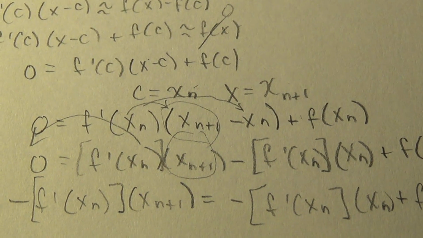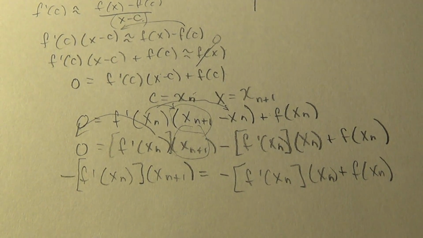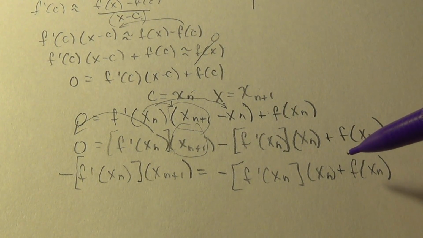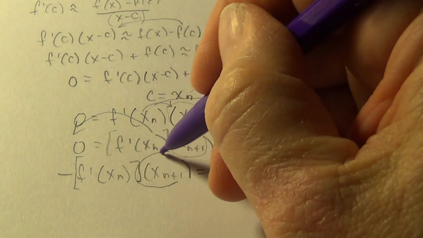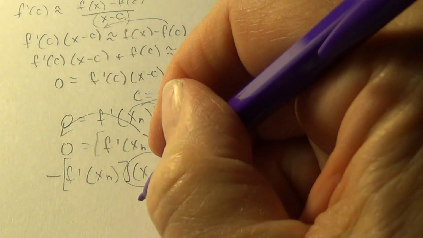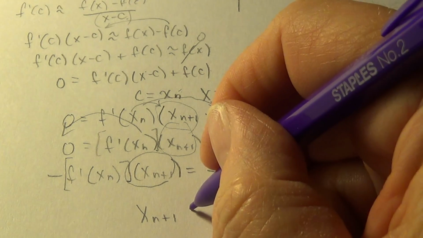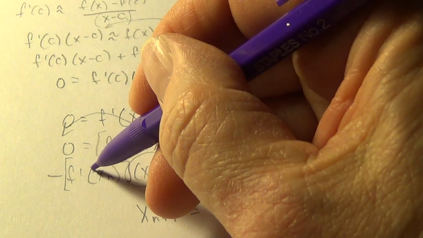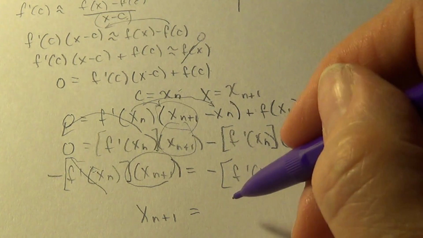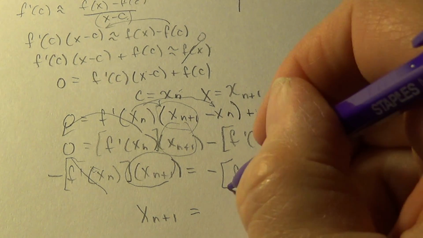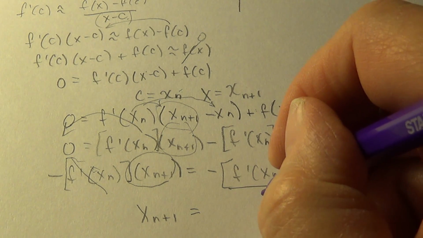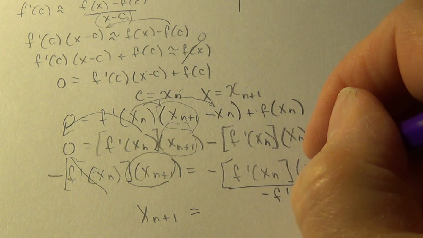We really are going somewhere with this. All right, now, again, keeping my eye on the prize, I'm trying to solve for that. I get x sub n plus 1 equals, so I'm going to divide both sides by that. It'll be disappearing from here, and over here it will be appearing.